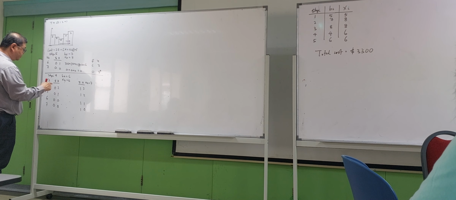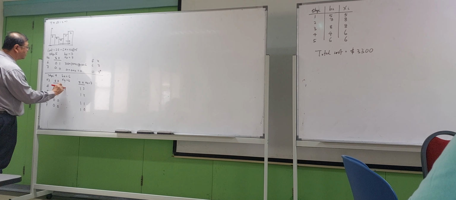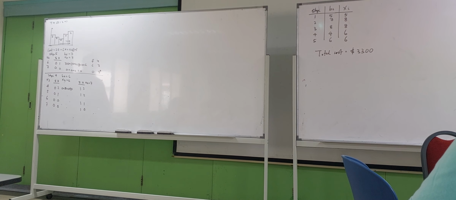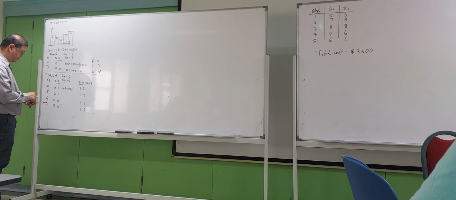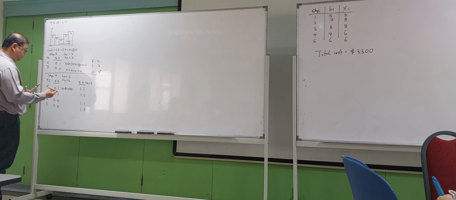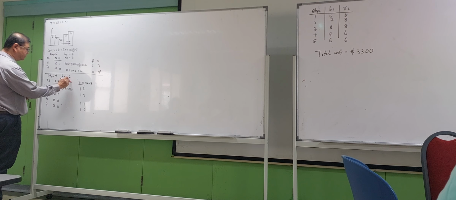3e, these are all 0. Plus 4 plus 2. 2. Plus F. F. This one is 6.